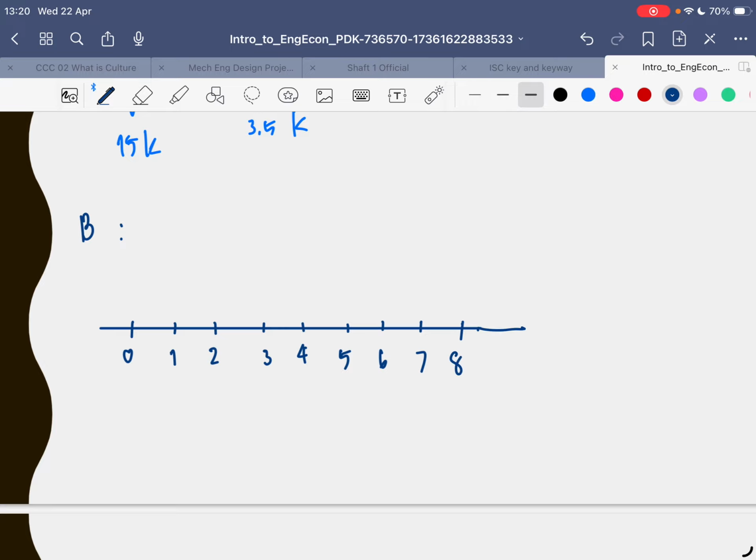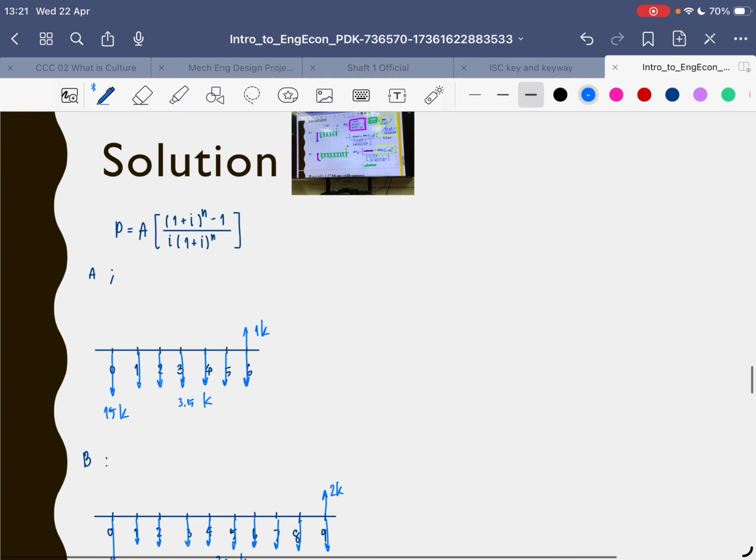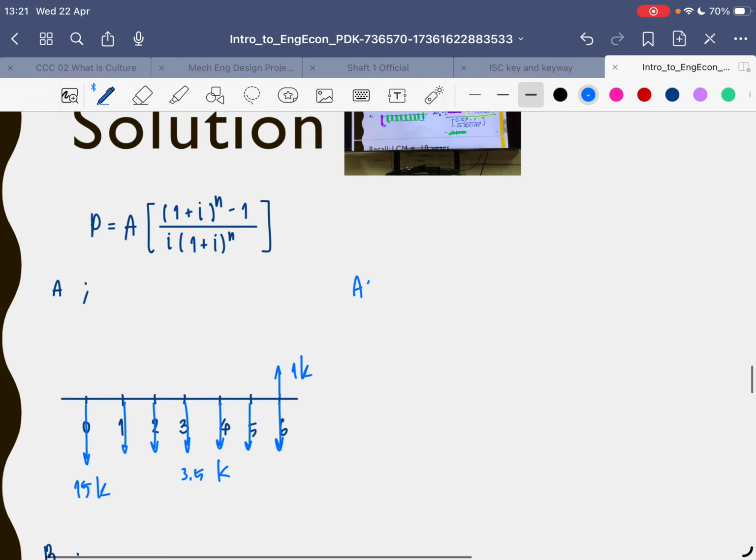So I have 15,000 at time 0, and then I try to bring this 1K back to time 0 first, then distribute it over 6 years. I will do it like this. This is going to be plus 1,000 minus 1.1 off.